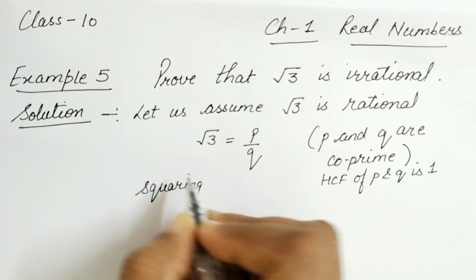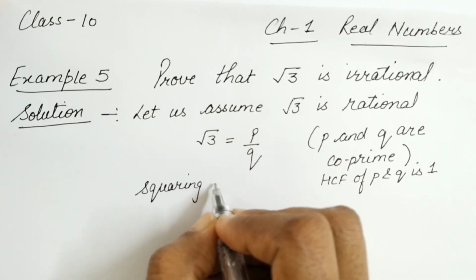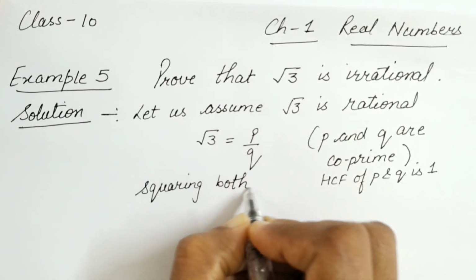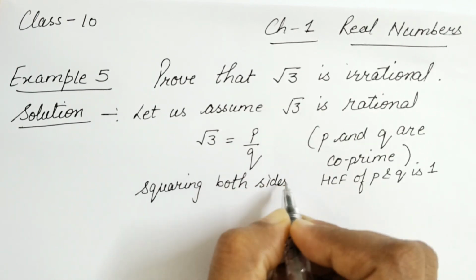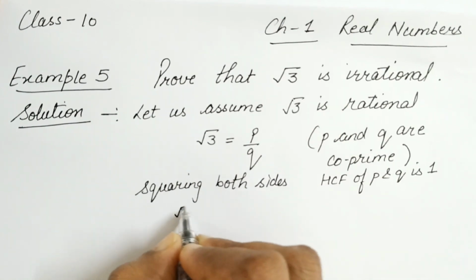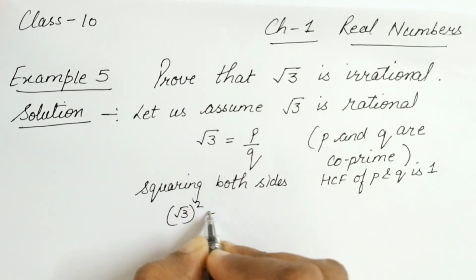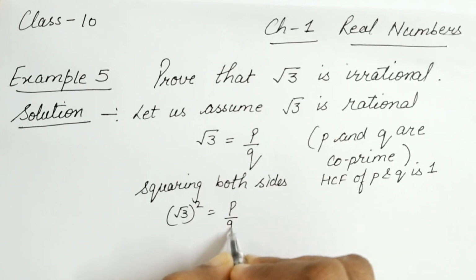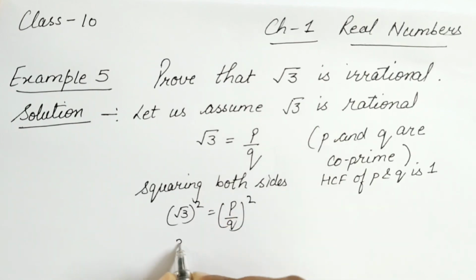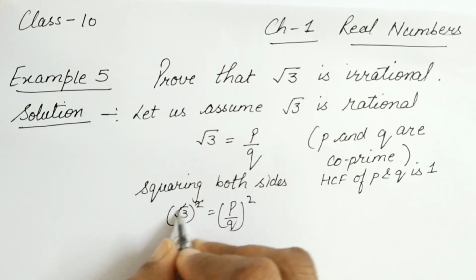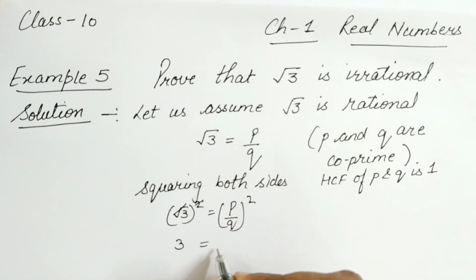Now we are going to square. So write it here, squaring both sides. While squaring, root 3 square, P by Q whole square. It will become 3 because square and root will cancel out. So P square by Q square.